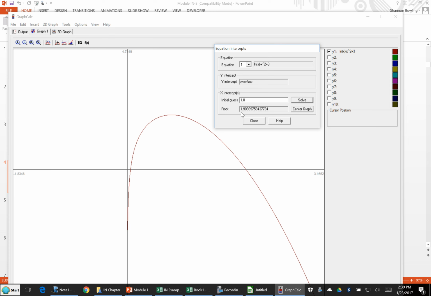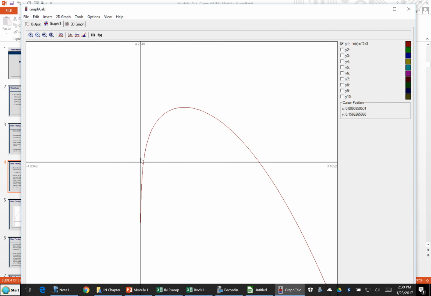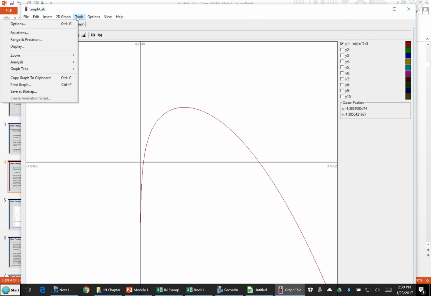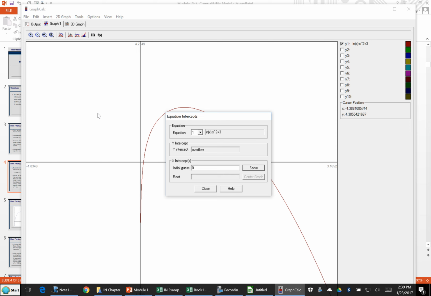which is 1.909. Okay, so what technique does this software use to find it? Well, notice that if I go back up here under 2D graph, analysis, axis intercepts, you notice what it says, initial guess.